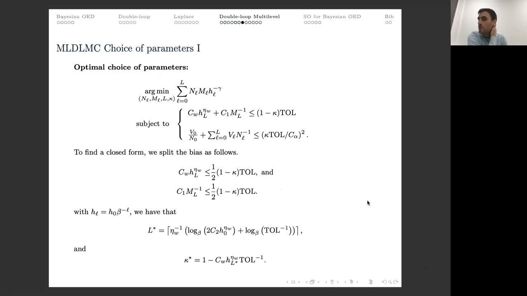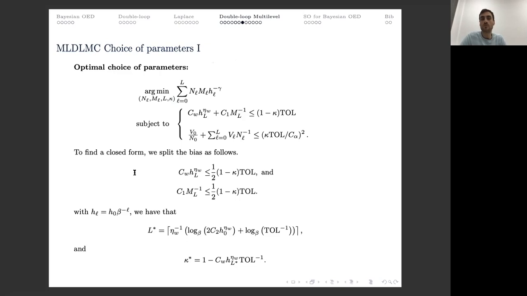So now we can try to optimize these parameters, and I say we can try because we couldn't get a closed form when we tried to find the optimal number of inner and outer samples as well as the mesh size. So what we did was the following.